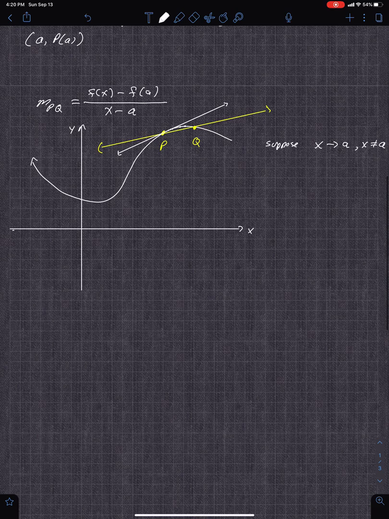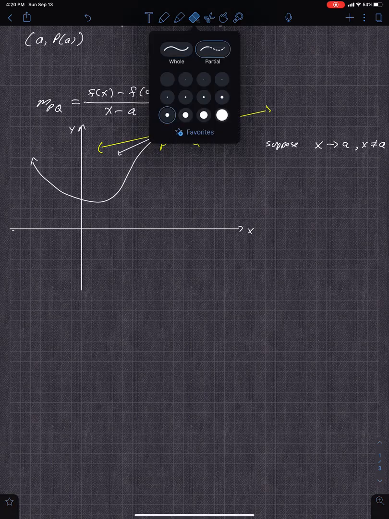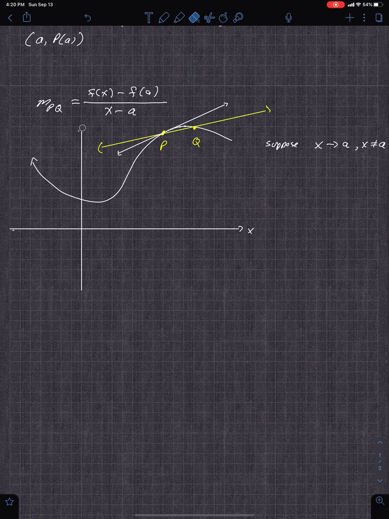So what you get then is, oh, and then let's see, P is up here. Let me clean this up a little bit. This is your function value up here.